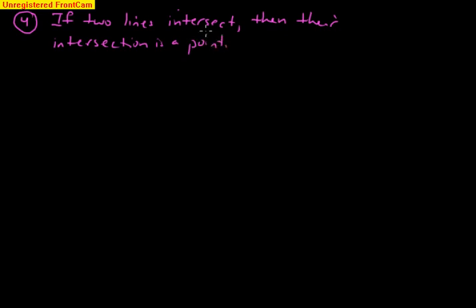Alright. So again, we have to show a picture of this. So let's draw 2 lines. There's one. Remember, lines have arrows at the end. Let's call this line L. Here's another line. Let's call this line M. And here is the point where they intersect. Call it point P. And there's a picture of 2 lines intersecting at a point. So if 2 lines intersect, then their intersection is a point.